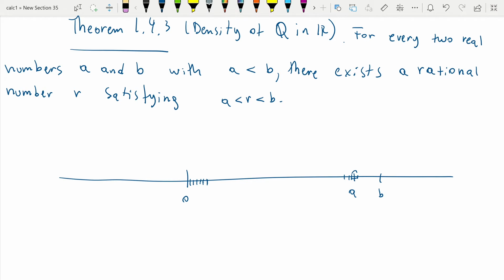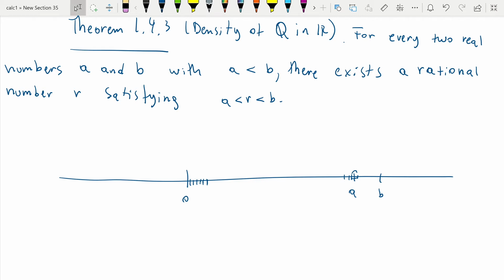If the number of steps you take will be m, and the size of this small interval will be 1 over n, that will be a rational number, m over n, where m is the number of steps you take to get inside the open interval A comma B, and n is just the step size.